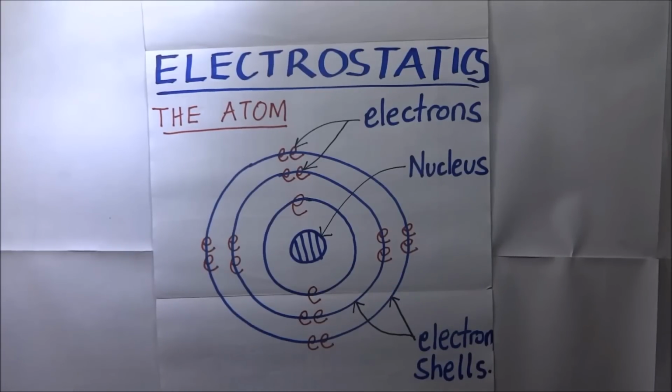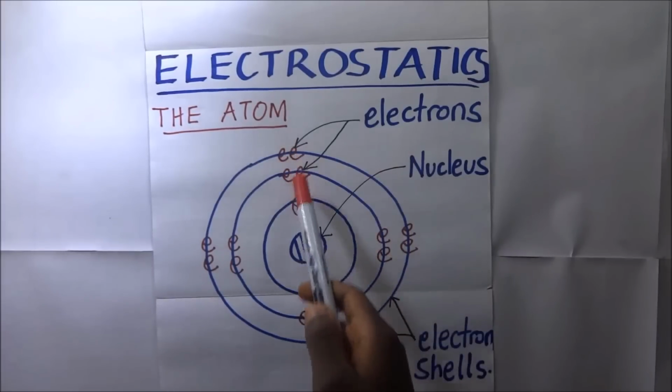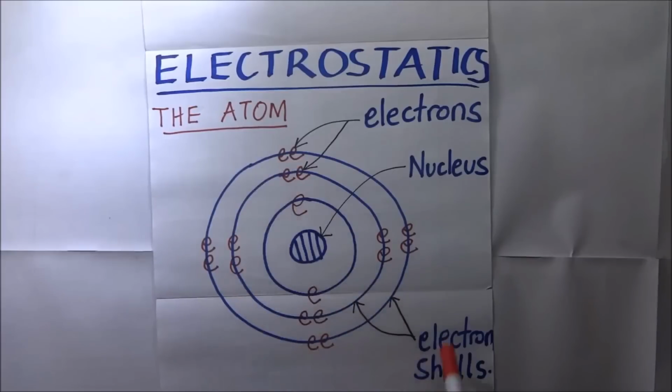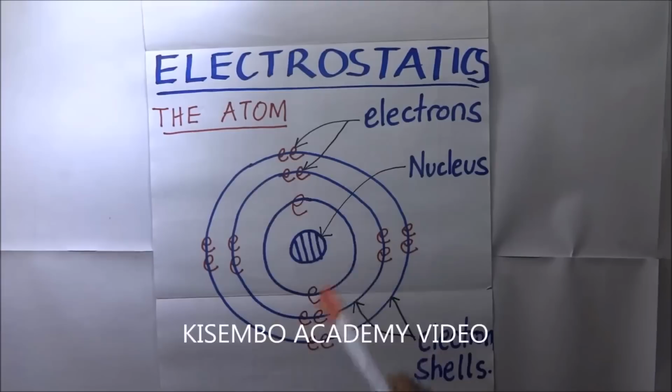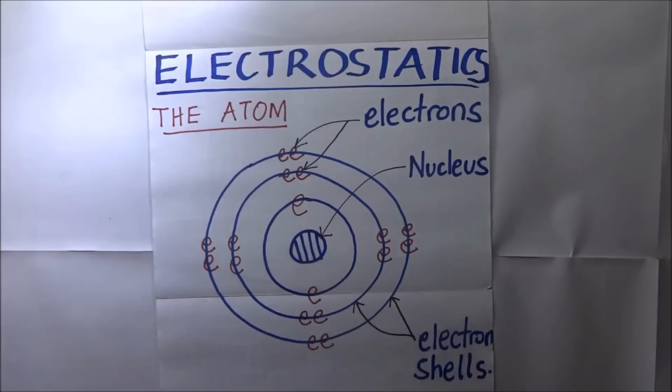So looking at this diagram, we have the nucleus, we have the electrons, and these electrons are positioned on electron shells. These electrons are free moving. They are always rotating around this nucleus. In the nucleus, we have the neutrons and protons. These neutrons and protons combined together make the mass of the nucleus.